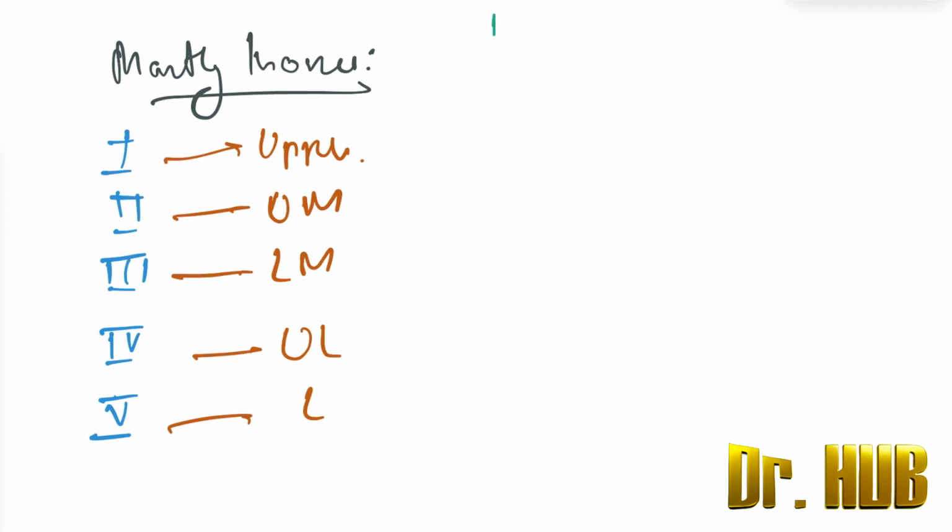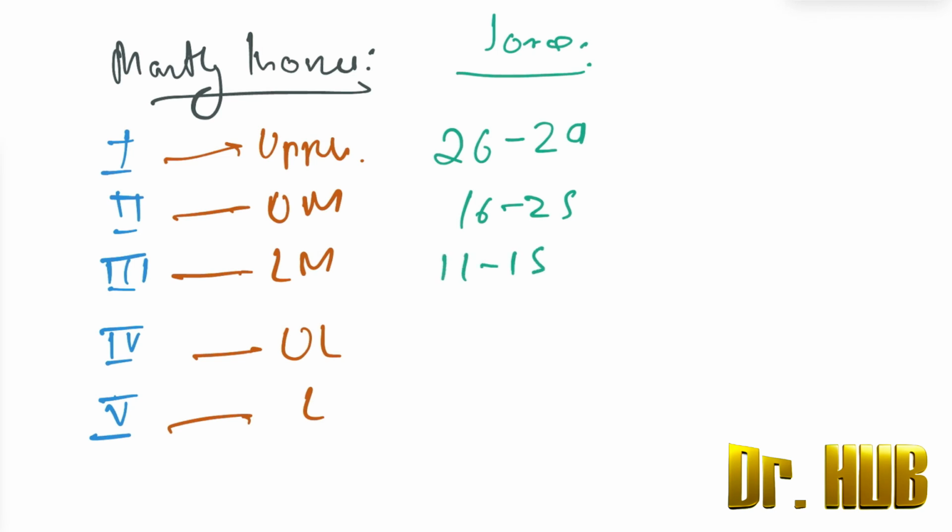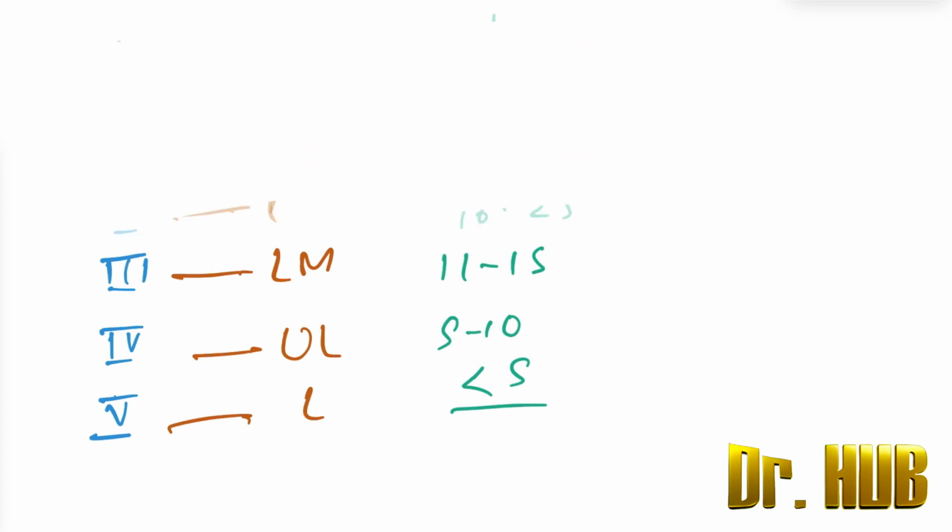What is the score here? This is the most important. Upper is 26 to 29, upper middle is 16 to 25, lower middle is 11 to 15, upper lower is 5 to 10, and lower is less than 5.